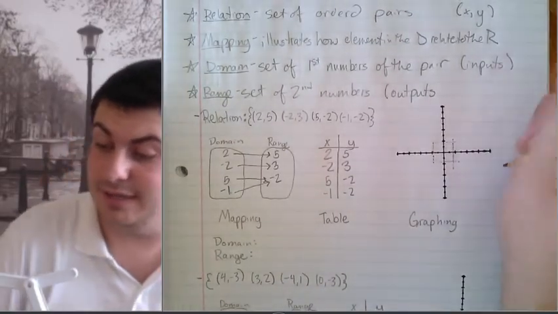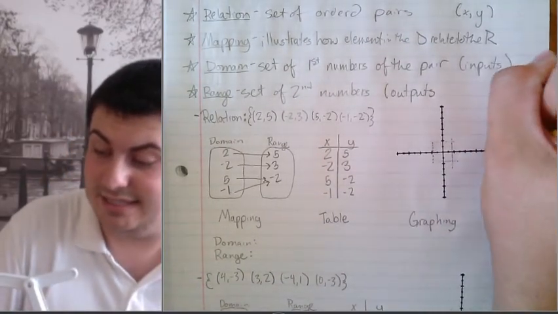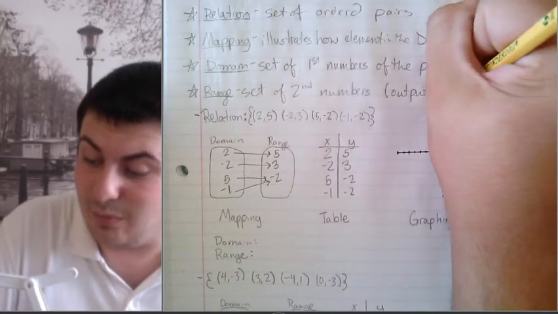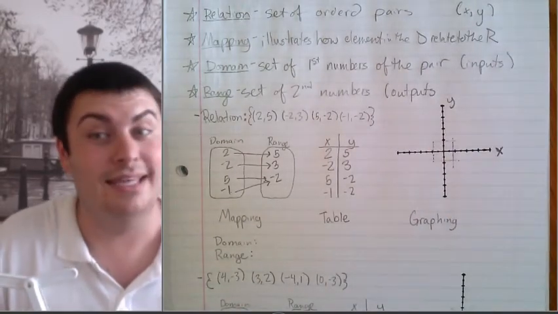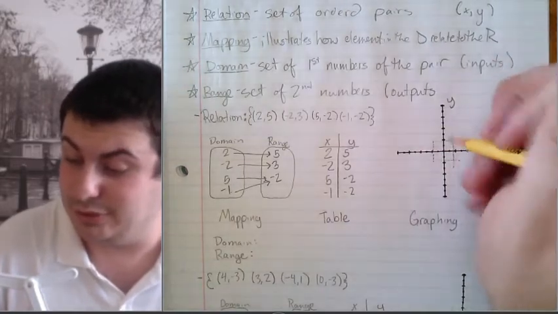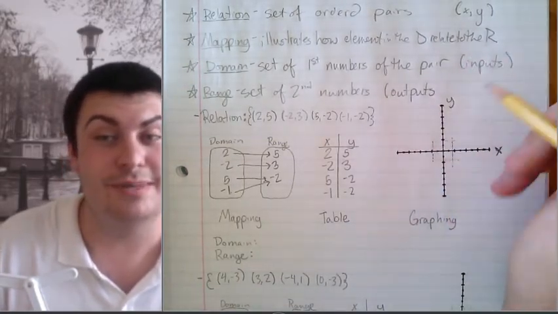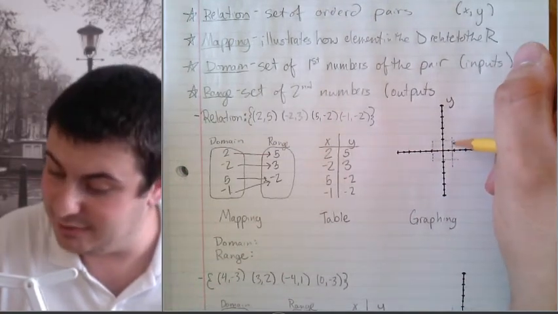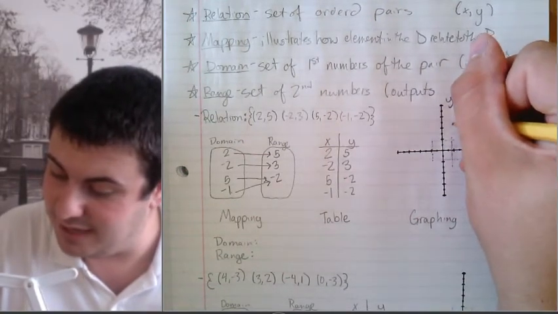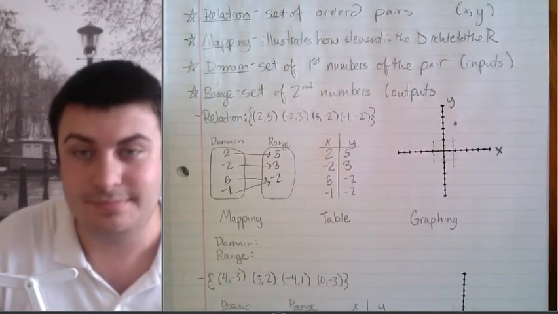Now, graphing. We have a coordinate plane here with our x-axis going horizontally, our y-axis going vertically. We're going to plot these points on the coordinate plane. So 2 is my movement along the horizontal x. I'm going to go 1, 2, and up 5: 1, 2, 3, 4, 5, and that point lives there.